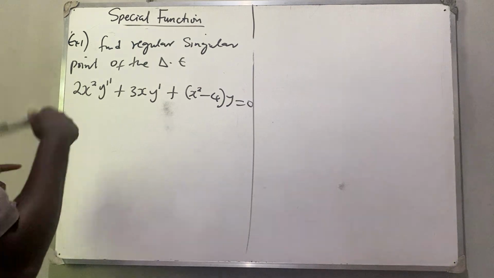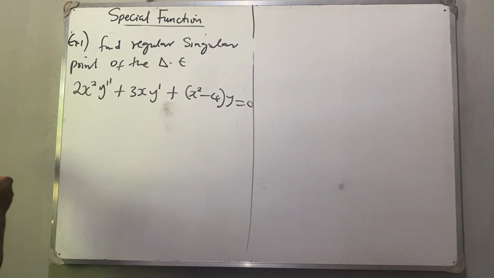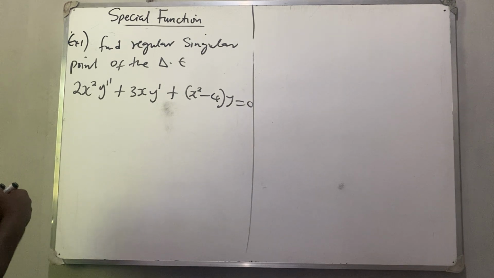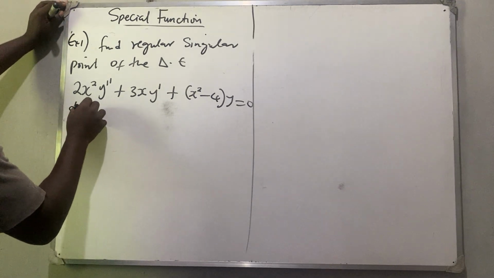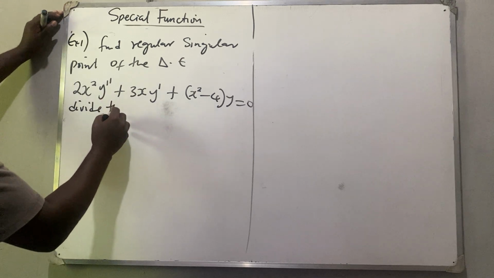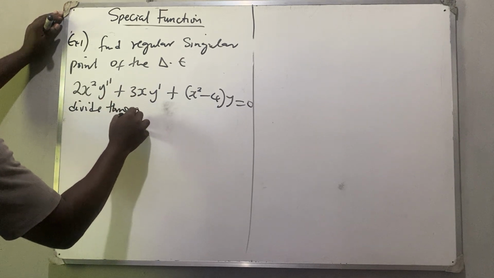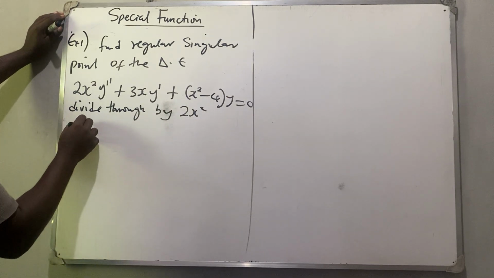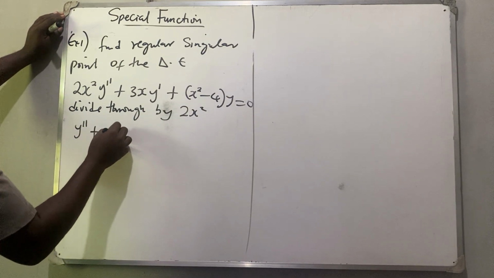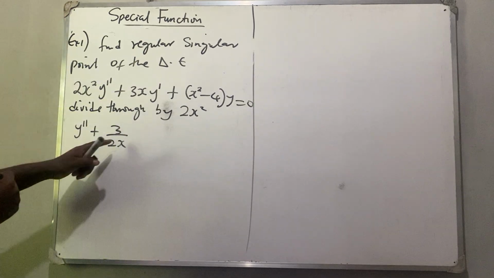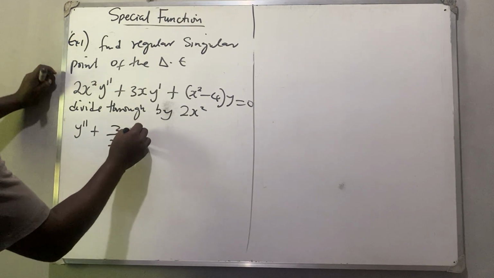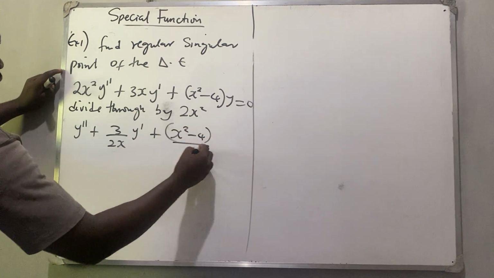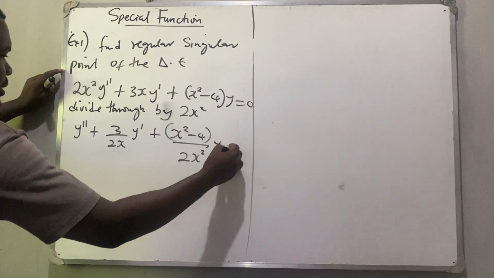So from here, we have to make y prime prime the subject, by dividing through by 2x squared. So we are going to have y prime prime plus 3 over 2x, because we cancel one of the x, y prime plus (x squared minus 4) all over 2x squared y is equal to 0.